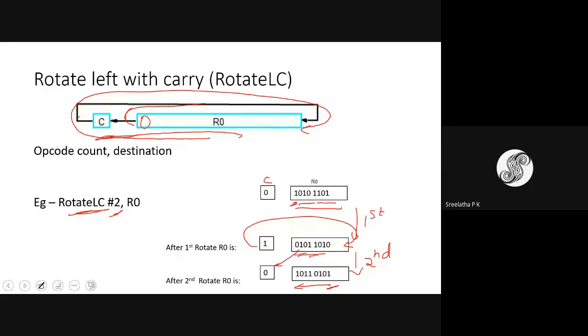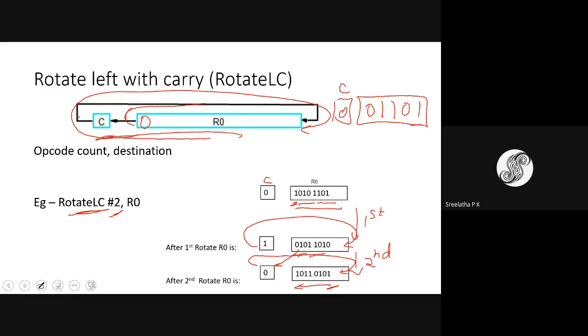The 1 which was there in the carry bit is moved in as the LSB. So if the bits are 1 1 0 1 0, and there is a carry flag which is initialized to 0, by default it is initialized to 0.